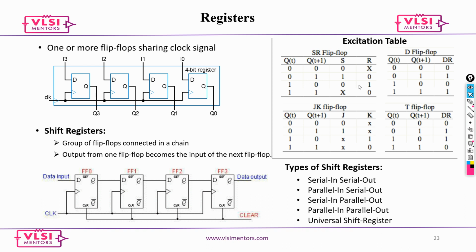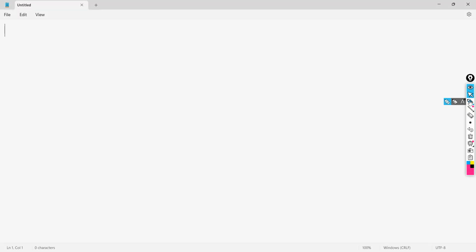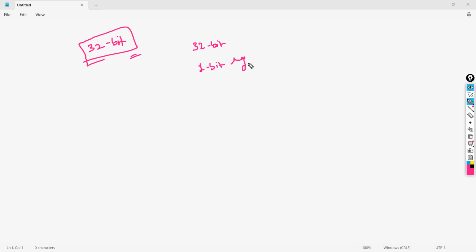Let me give you a simple assignment question now. There is something called a memory that we use. Say you have a 32-bit bus. All this 32-bit can be realized using 1-bit registers, or 1-bit flip-flops. And the 32-bit can also be realized as an 8 cross 4 memory.